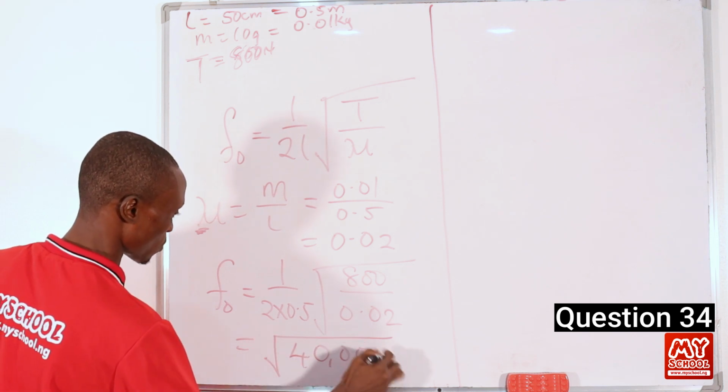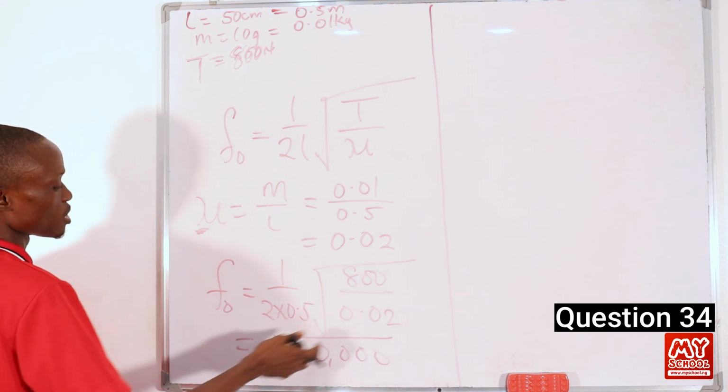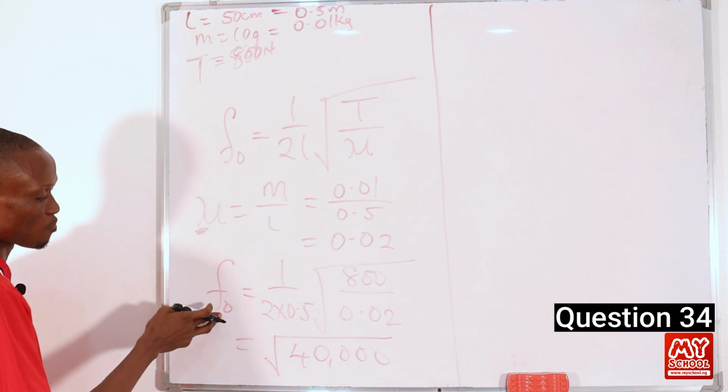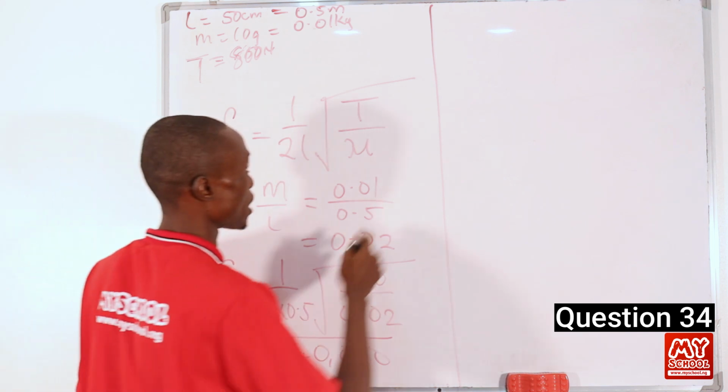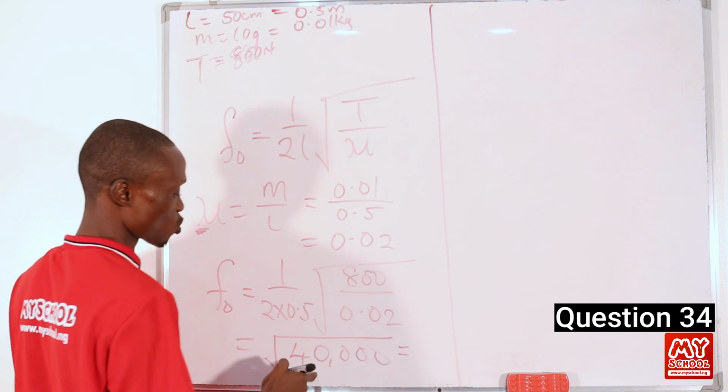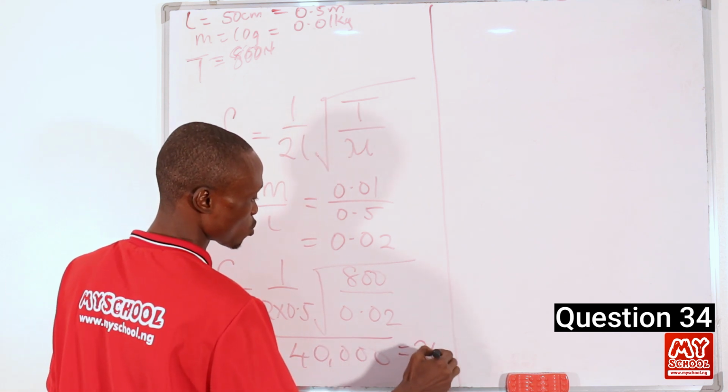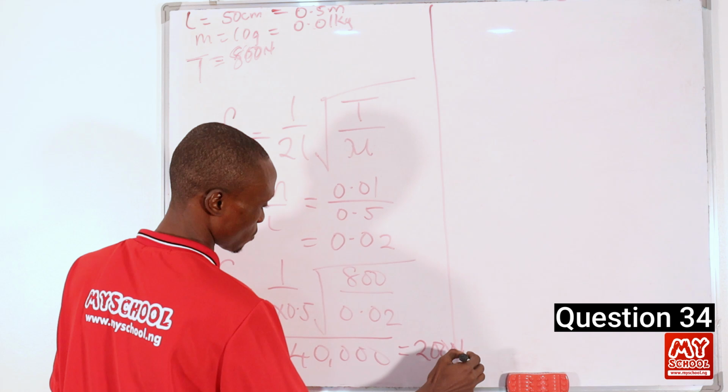that will be equal to 40,000. So we simply take the square root of 40,000 to get the fundamental frequency, and that will be equal to 200 hertz.